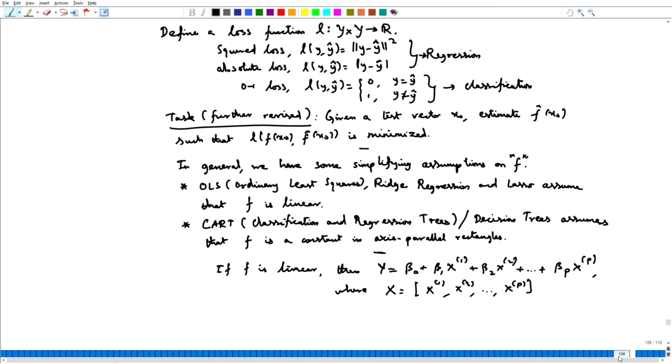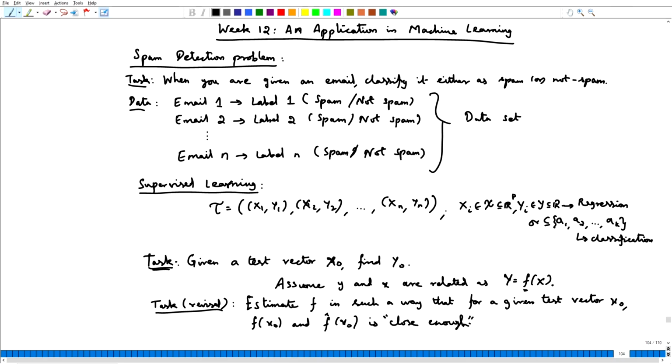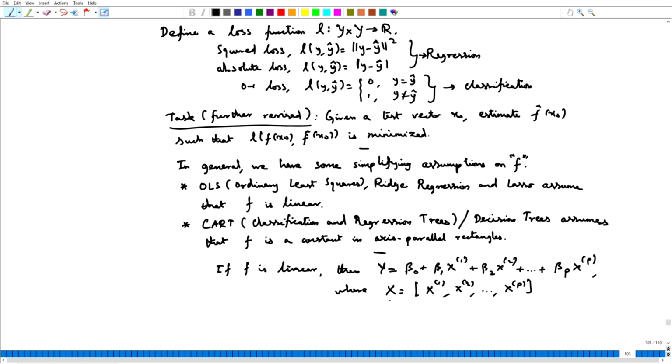Please recall that each of these x i is a subset of R p, that means each example has a p dimensional vector. So if y is linear in x, it has to be of this form: a constant plus beta 1 into the first element of the vector, plus beta 2 into the second element, plus dot dot dot, beta p into the pth element of the vector.